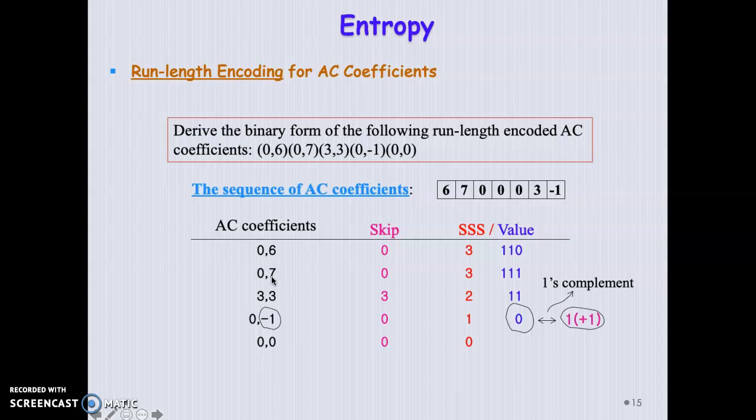For 7 you also need 3 bits, and the value of 7 is 111. For 3 you will need 2 bits, so the value of 3 is 11. For -1, the value of 1 is 1, then you complement, you will get 0. And the last one is 0 0.